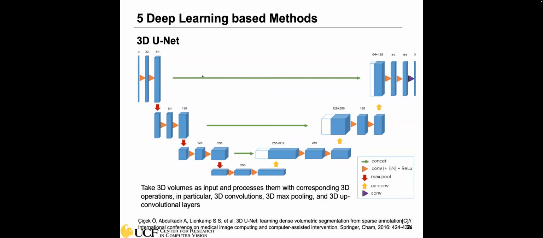I'm not only looking at a single slice, I want to look at multiple slices so that I can understand the context better and make a better prediction. So that's the 3D U-Net. They use 3D convolutional kernels in order to operate on multiple slices at a time, not just a single slice.